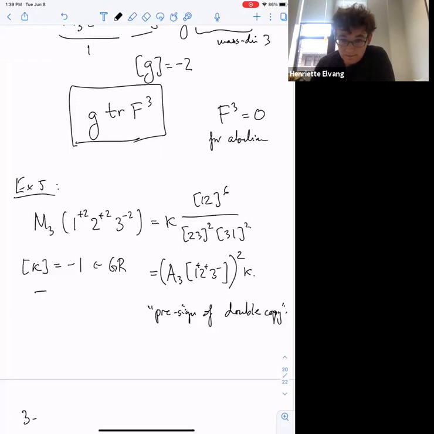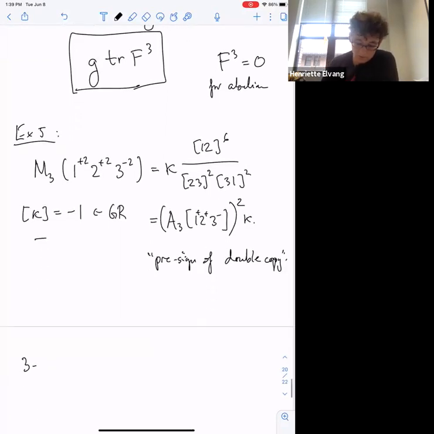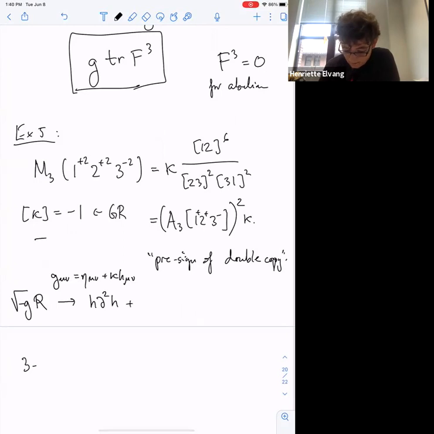But it turns out to be true that if I do look at Einstein gravity and I expand this around flat space, well, then I'll find some propagator terms and I have to do gauge fixing and all sorts of things.